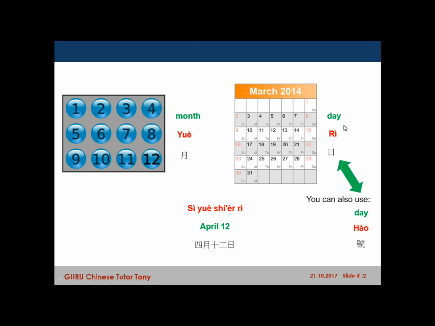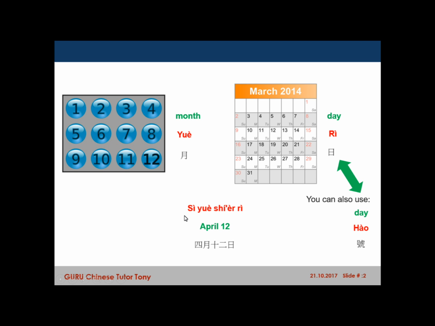Alright, so how to say the days? There are 28 to 31 days in one month. So the same rule, we just put the number before the date. For example, 一日, 二日, that means second, 三日, that means third.